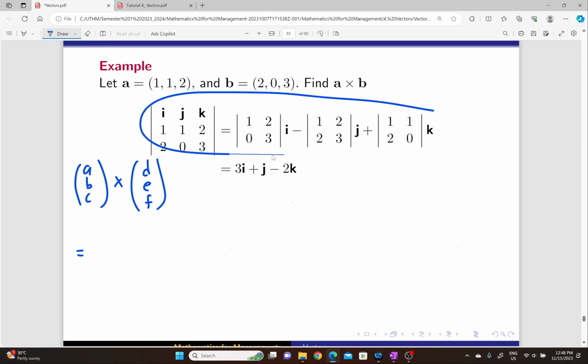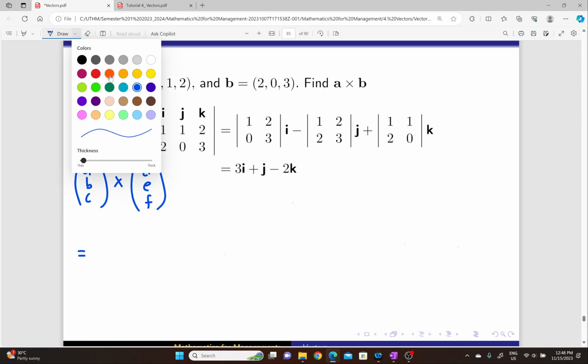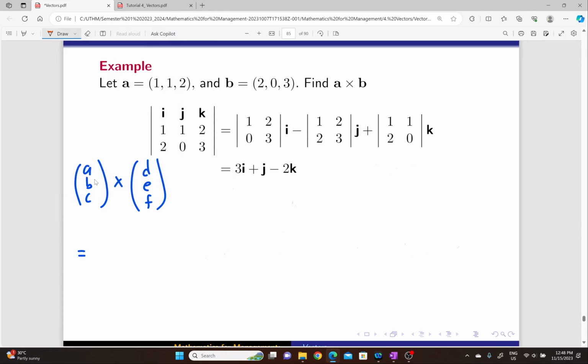You don't need to go through all these things. Of course, I need to teach you by the formula, but there's a much easier method. You can do this. Now the formula is like this. To find the first number, you cross this, and what is left is BF minus CE.